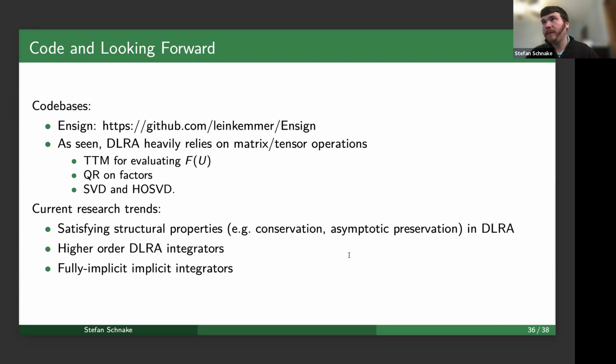Again, people want to have higher order dynamical low rank in time and try to figure out the minimal amount of basis functions you need to get that. And then lastly, people want fully implicit as well. Again, that's a very actively researched topic, and it's not been fully settled, but people do want that. And also there's using dynamical low rank in conjunction with other techniques, right? That's also popular, but that's not pure dynamical low rank.